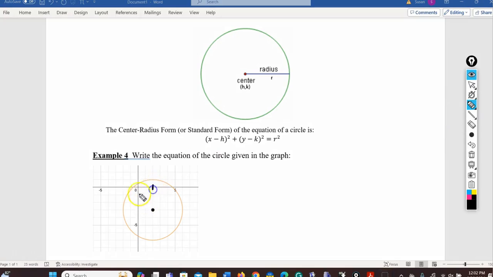So that we should be able to see is where 2 is. And here is -1, -2, -3. And so we should be able to see that the center has coordinates 2, -3.